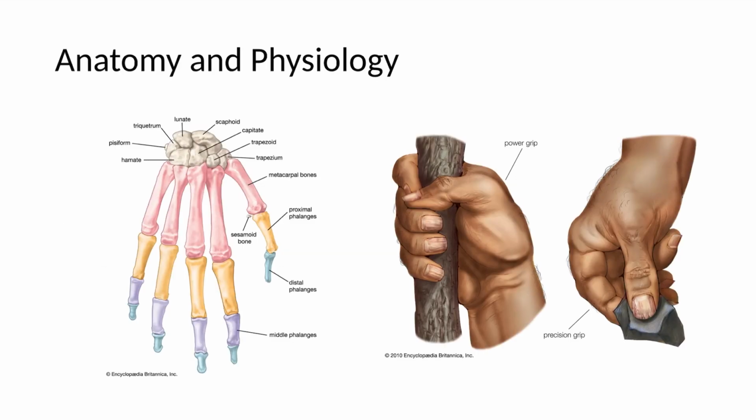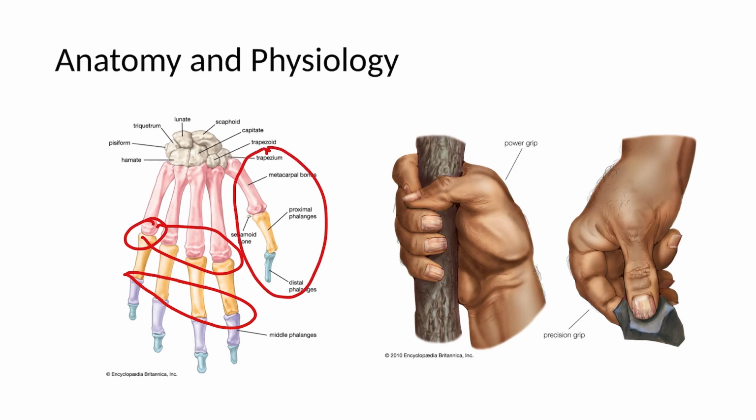So here we have an image of the skeletal structure of the hand, and we can see that we have joints. So in this area right here, in those joints, you are able to bend those two structures. And then of course we have the opposable thumb right here.